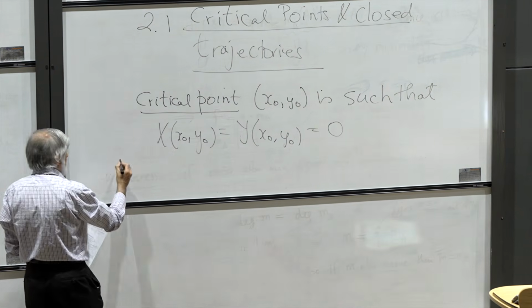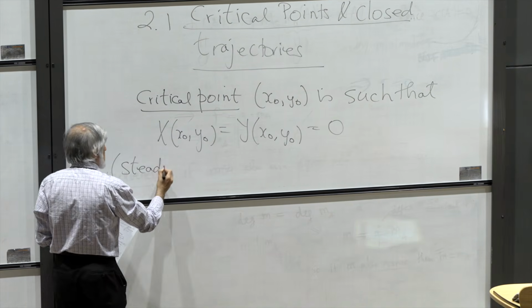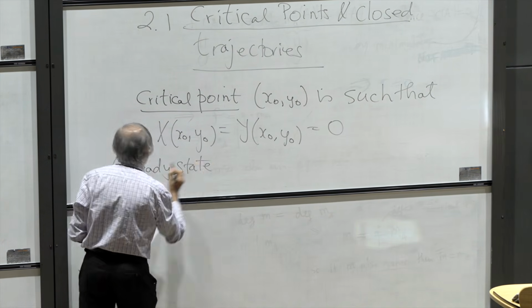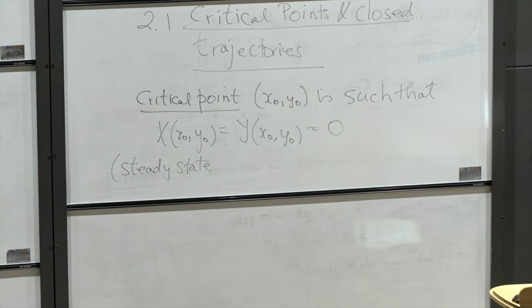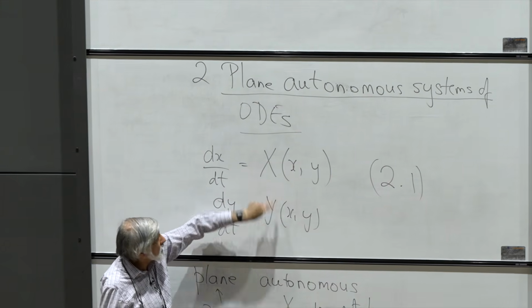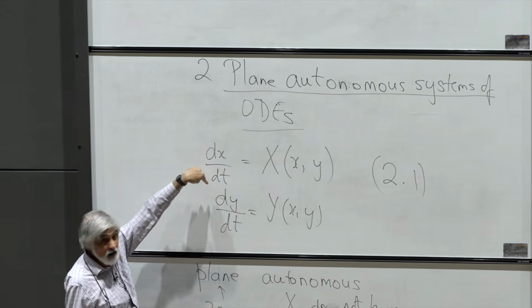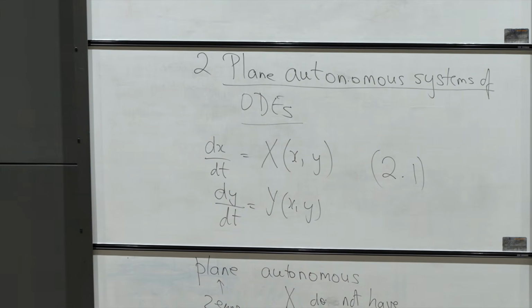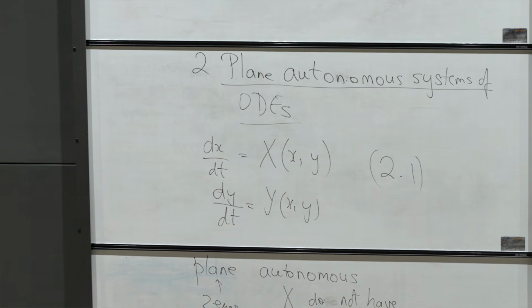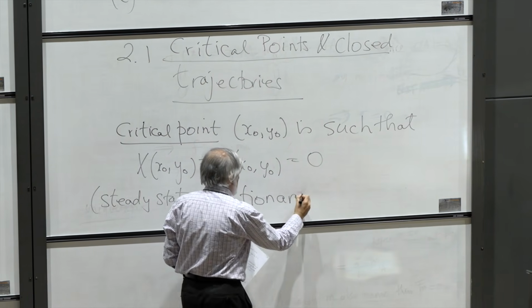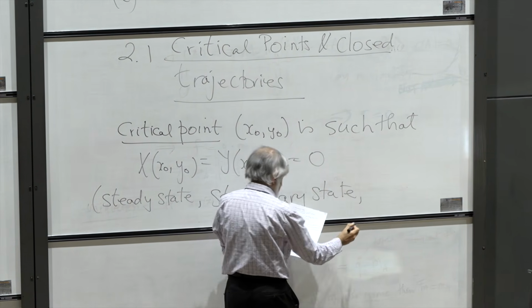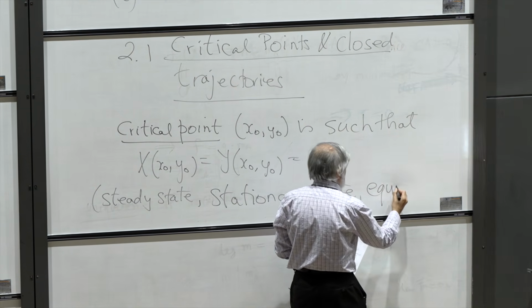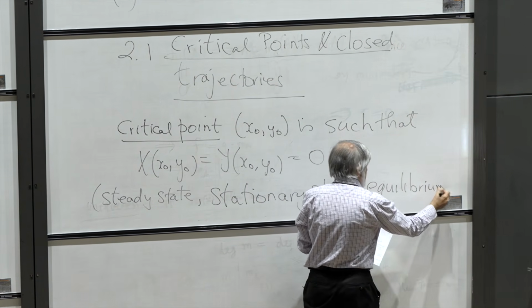And sometimes that's called a steady state, because if we're writing where we've done here in terms of time, then if at some point these are both equal to 0, it means at that point x and y aren't changing in time, so they're steady. Sometimes it's called a stationary state. And sometimes it's called an equilibrium point.